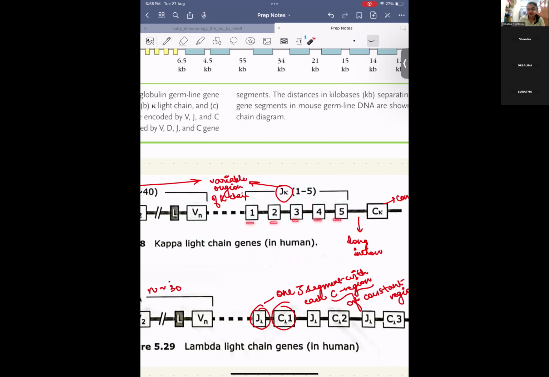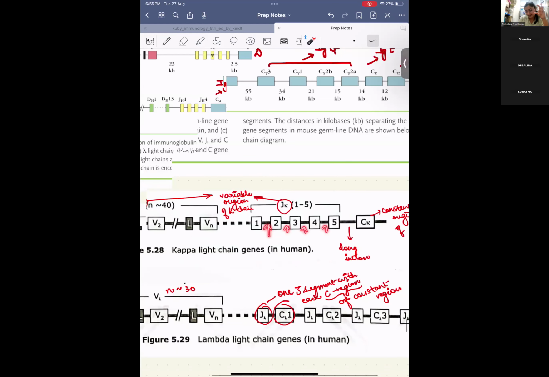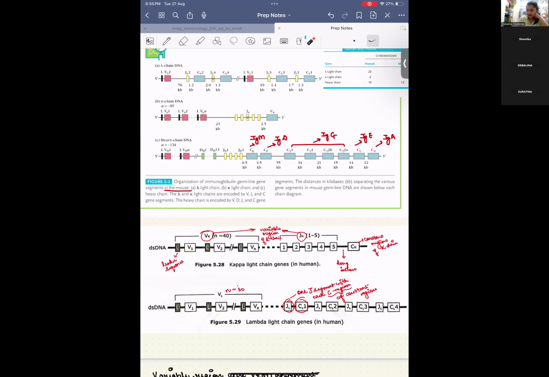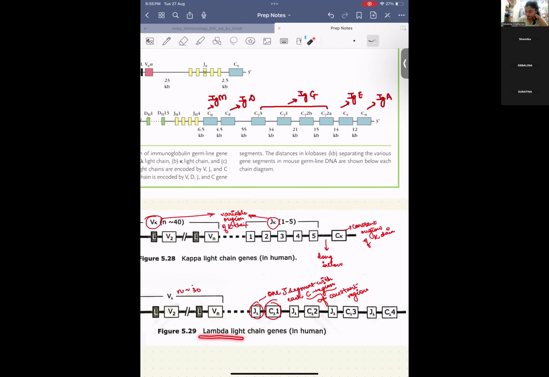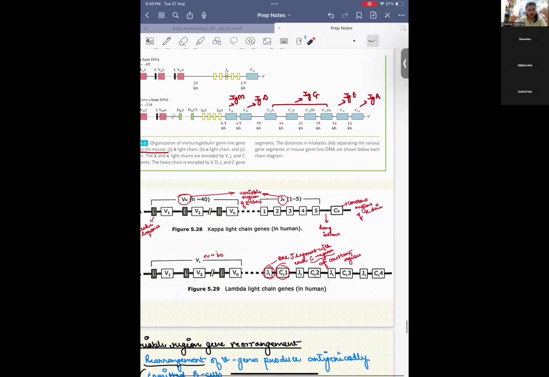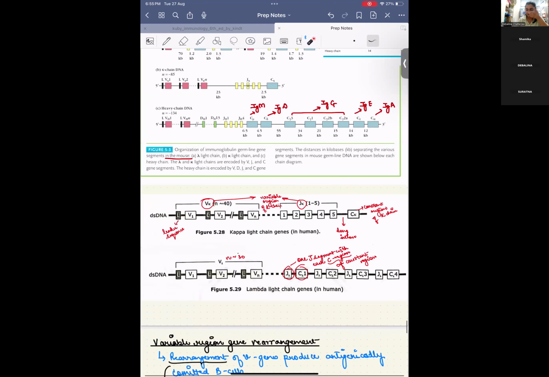We can have 5 such J segments separated by certain intervening sequences, right? And then again we have a long intron separating it from the constant region of the kappa chain, right? So there is one constant region corresponding to the kappa chain, but if we look at the lambda chain, we can have multiple such C regions, and only one of them gets a chance to recombine, right?